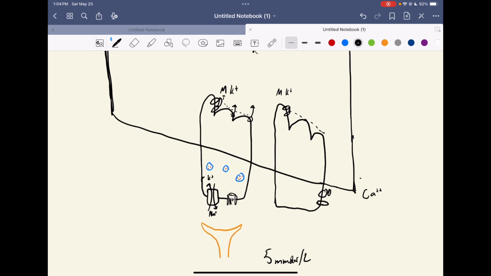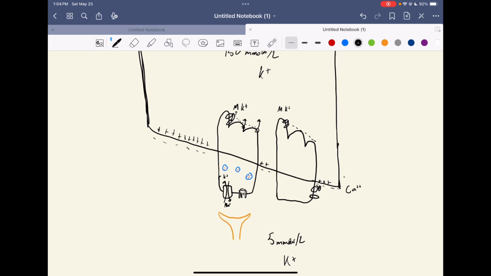Now, because there is such a high concentration of potassium on the inside, there are positive charges all through here. It's charged in the positive direction, and then on the outside it's negatively charged all the way across the membrane. When these mechanically gated potassium channels open because of the vibrations, this potassium will rush into this cell.